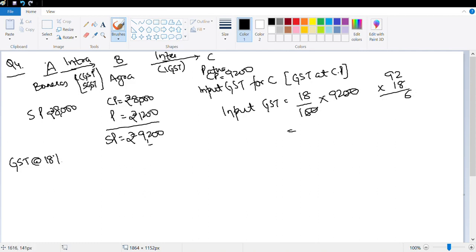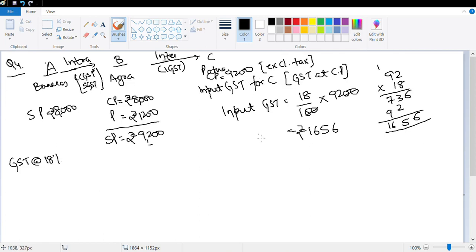That's rupees 1,656. So this is the input GST that the person at Patna pays. This is cost price excluding tax.